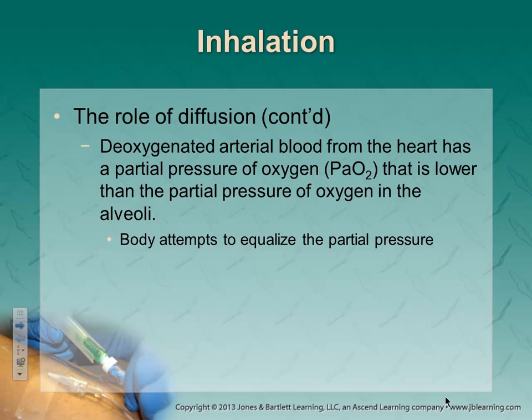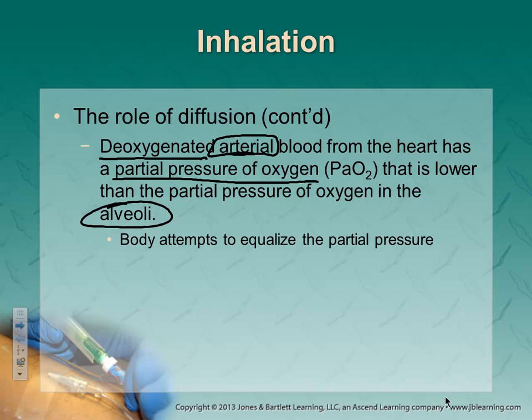And don't make it any more confusing than what I've made it to you, it's really pretty simple. Why would the partial pressure of oxygen be lower in deoxygenated blood than it would be in oxygenated blood at the alveoli?